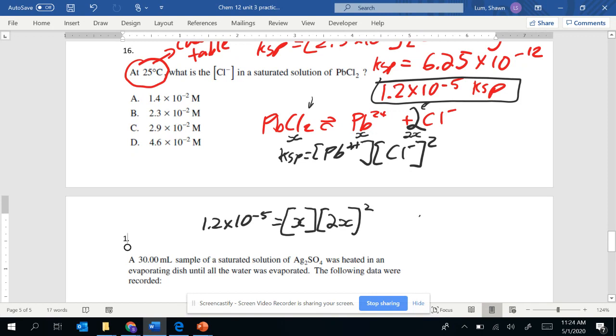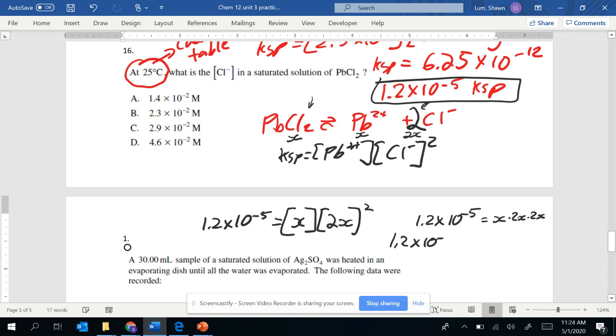So this is going to be 1.2 times 10 to the negative 5. Now that's going to equal 2x times 2x times x. So it's going to be x times 2x times 2x. Now, because 2x squared is the same as writing 2x times 2x.